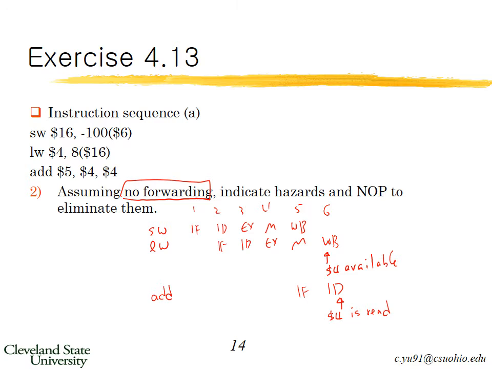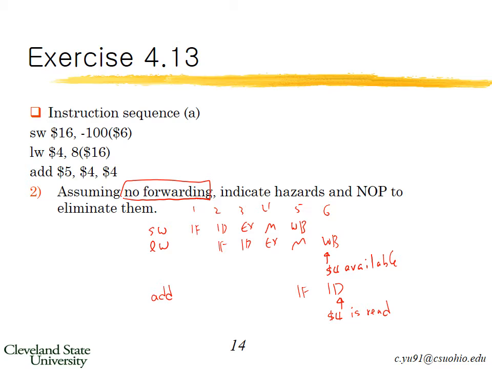Question B, assuming there is no forwarding, what happens is that for the store instruction and load word instruction, at cycle number 6 in the write back stage, the load word instruction produces the newer value and writes back into register 4. On the other hand, the addition instruction needs to read the newer value of register 4 at the ID stage.